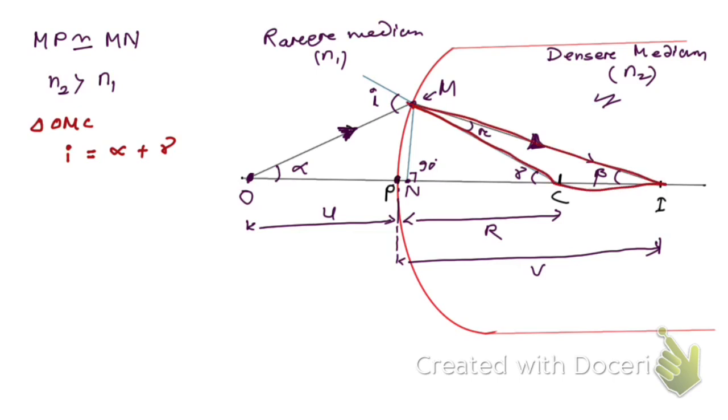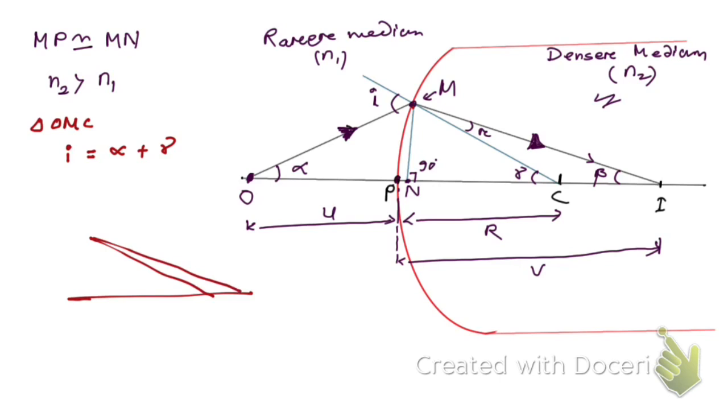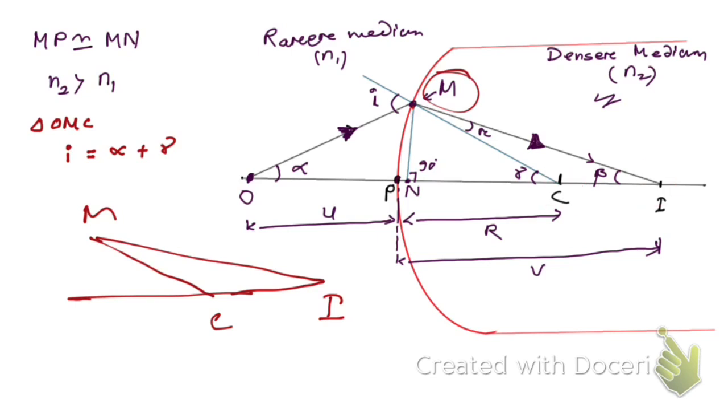Similarly, from this triangle MCI, just follow the points. This angle is beta, this angle is gamma, and this angle is the angle of refraction, R. This is the exterior angle, so it must be equal to the sum of this and this.